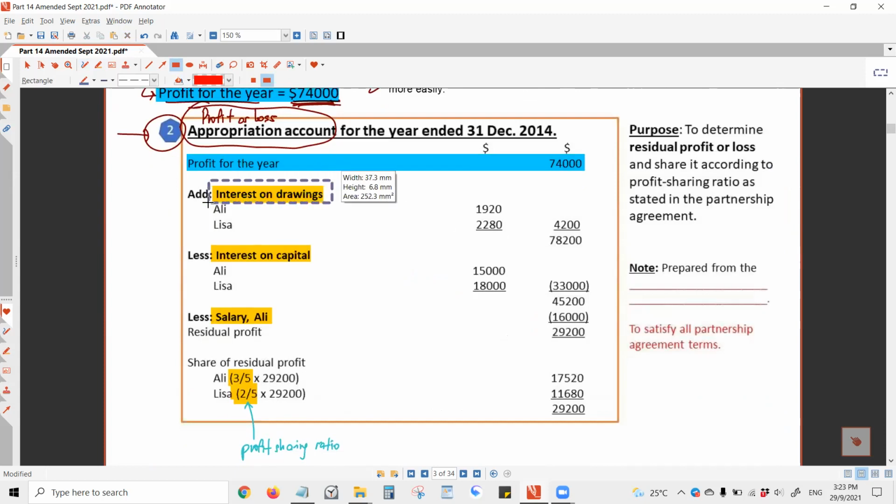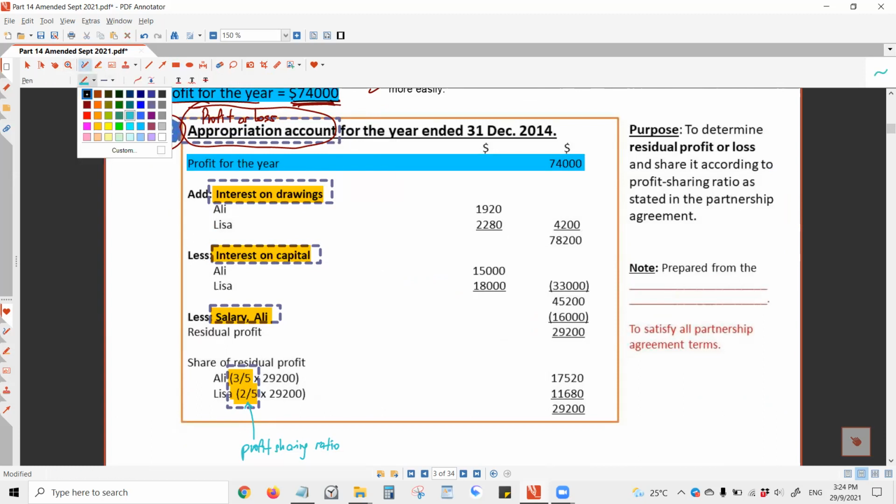Yes, these are the 4 things I told you about in the partnership agreement. So it is about having one stone that kills 2 birds. If you can remember the 4 things in the partnership agreement, you can answer questions that ask for the contents, and you can also answer questions that ask you to prepare an appropriation account, because these are the 4 things that appear here. This is about the convenience of answering the question.